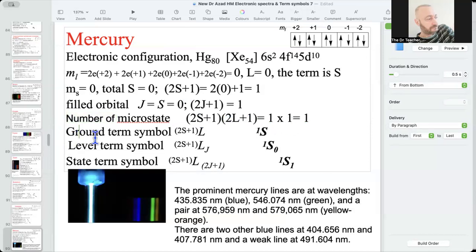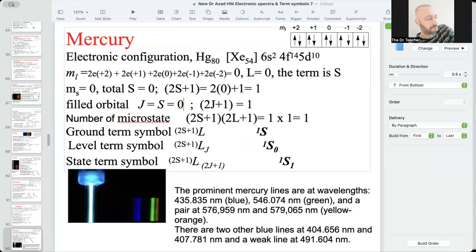Now the ground term symbol is this one, S1. The level term symbol J is S1, 0. J is 0 here. You see?